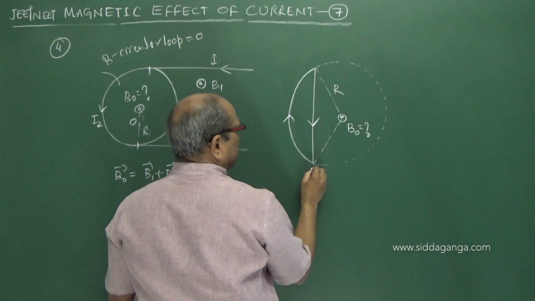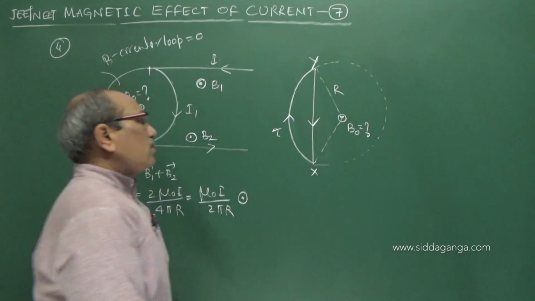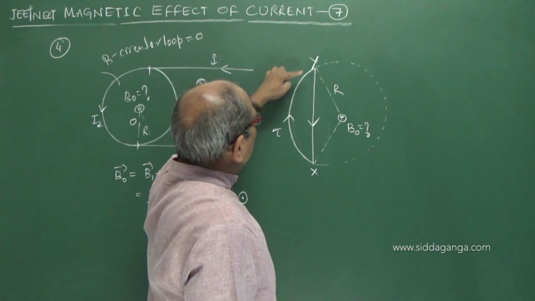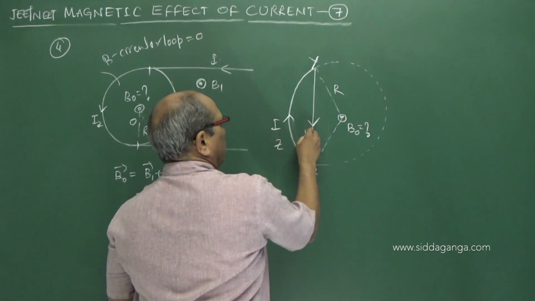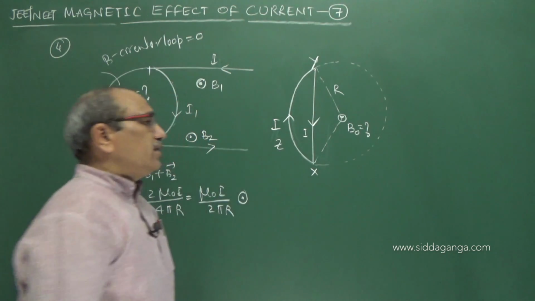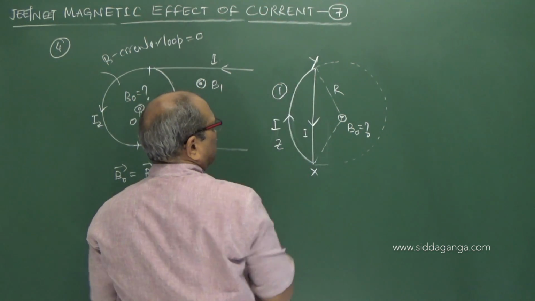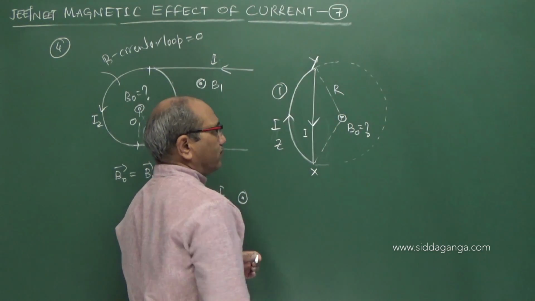The wire is X, Y, Z. One chord arc of X, Y, Z, current I. How much is the field at the center? One I can see from this, as the current is clockwise, the field is into the board.